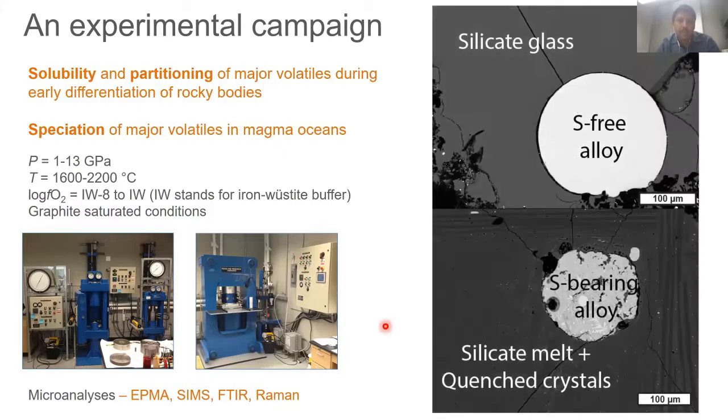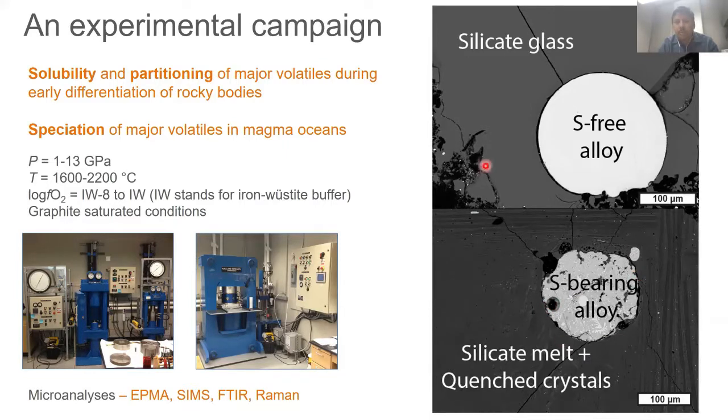So these are some example backscattered electron images of typical experimental products we can generate. You may not be used to looking at this type of image. What you are seeing here is a silicate glass that is in equilibrium with a sulfur-free alloy, and in another BSE image, quenched silicate melt surrounding a blob of sulfur-bearing alloy.